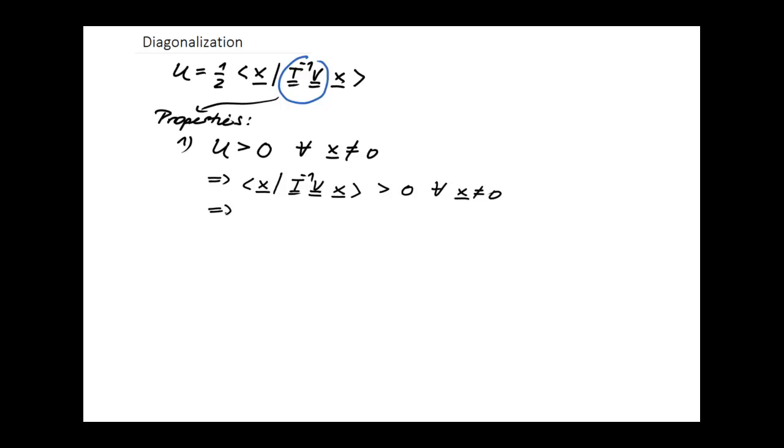And this implies that the matrix product T minus 1 V itself must be a positive matrix. A second property of this product of matrices T inverse V: consider, say, the scalar product of an arbitrary vector A, and then T minus 1 V acting on B.